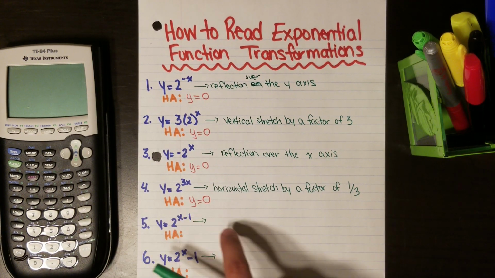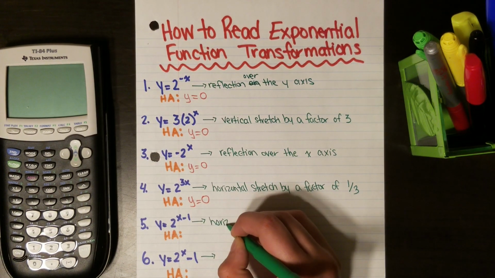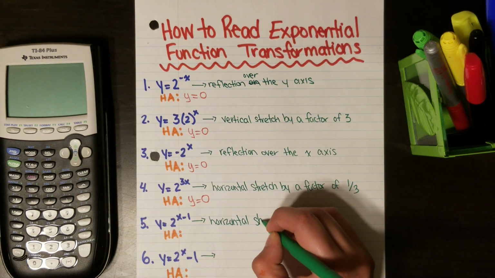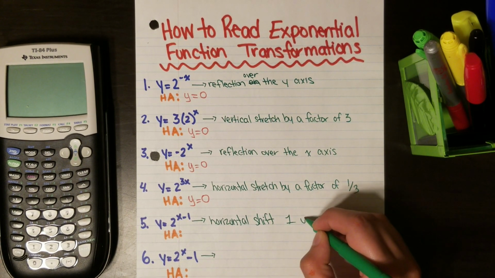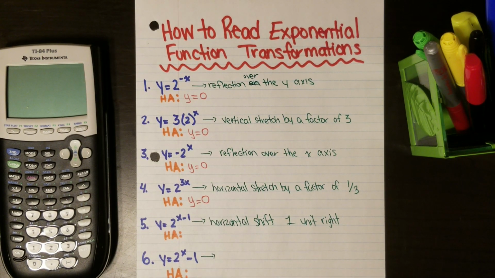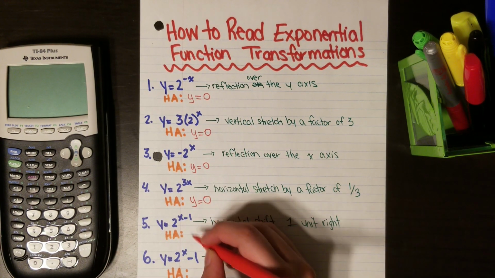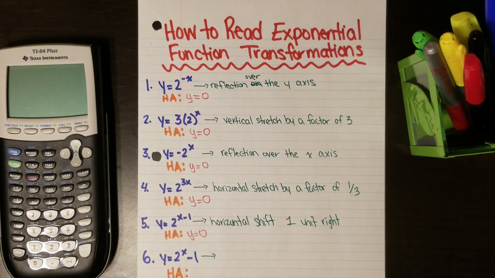Okay, so I'm adding 1 to my x values. Another way to say that is that there's a horizontal shift, 1 unit to the right, because +1 on a graph means 1 unit to the right. So there's a horizontal shift, 1 unit right. That's the only thing happening there. And once again, there is no vertical shift in this equation, so your horizontal asymptote is still going to stay the same, y equals 0.